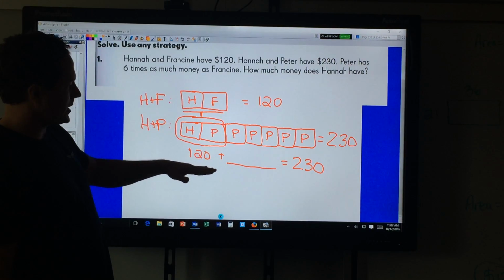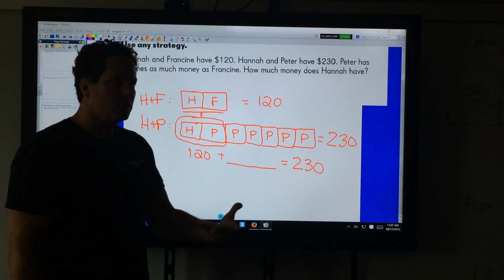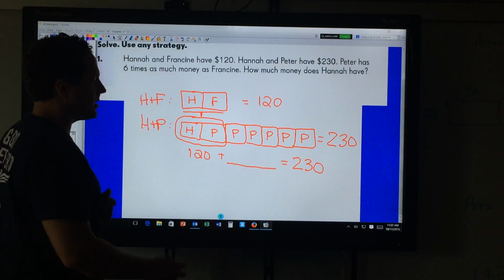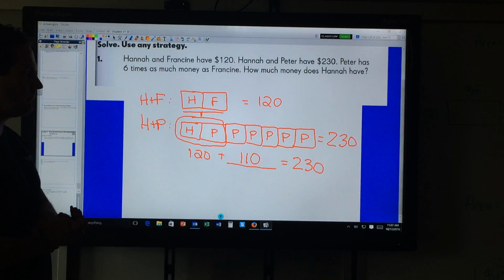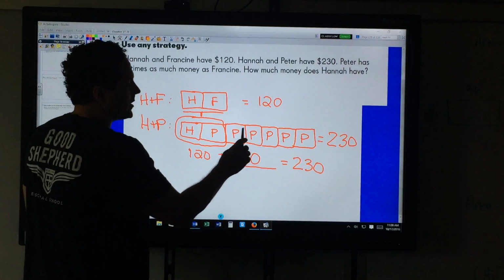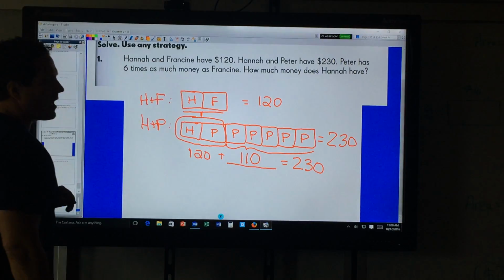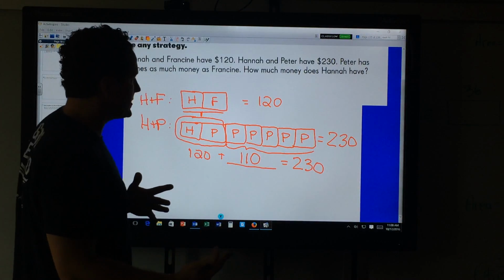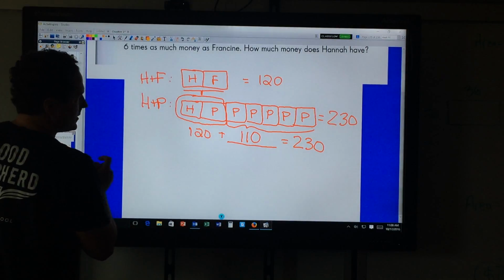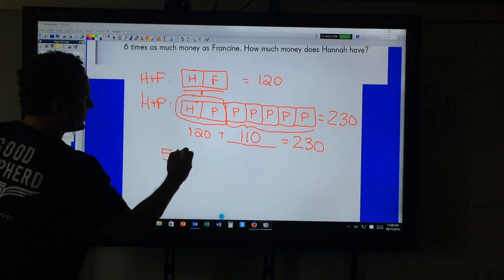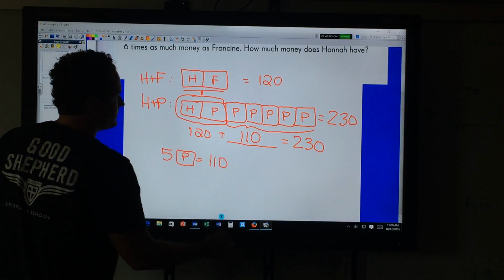Well, I have 120, I have an amount, and I have 230. I could use mental math and figure out that the missing amount is $110. What that means is that these 1, 2, 3, 4, 5 boxes for Peter have a value of 110. So down here, I'm going to write that 5 of these equal 110.